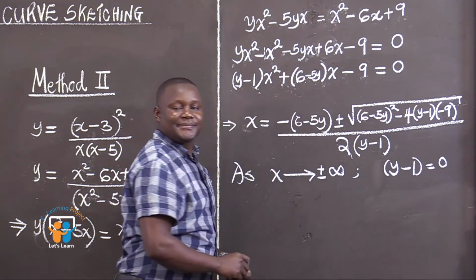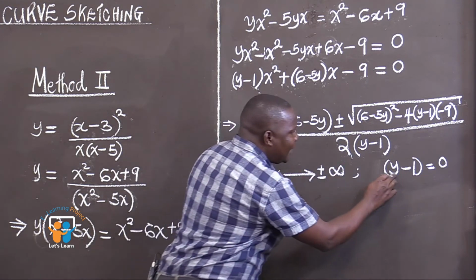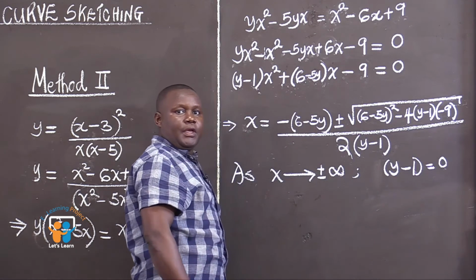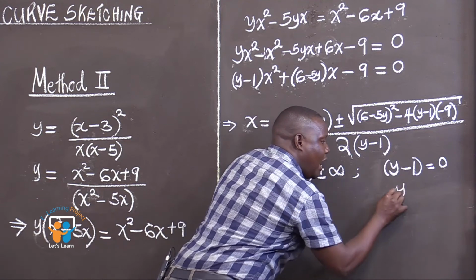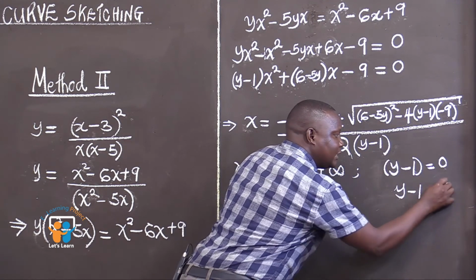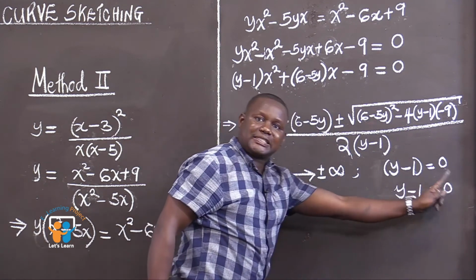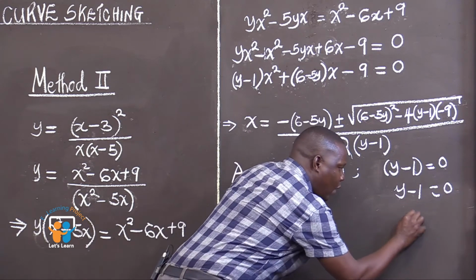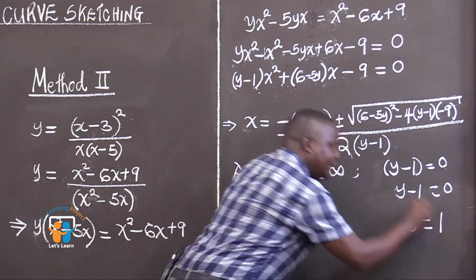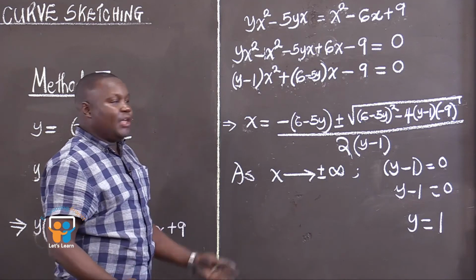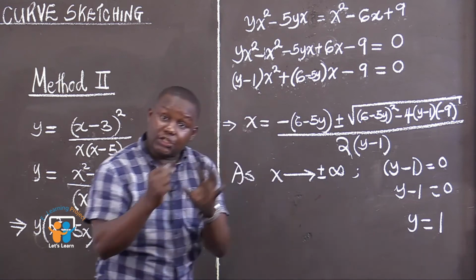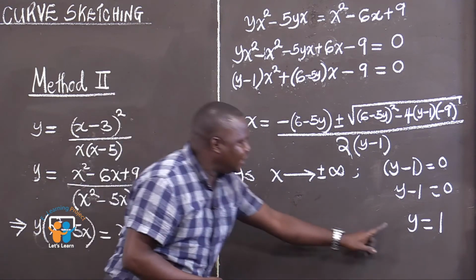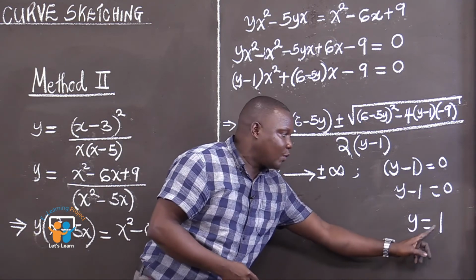So, we have y minus 1 equal to what? Equal to 0. If you wanted, you can have your 2 divided by both sides. Still, it's going to give you y minus 1 equal to 0. When you take this one to the other side, you end up getting your beautiful y equal to what? Equal to 1. Have you seen? In method 1, we obtained y equal to 1, isn't it? In method 2, as we've done, we've obtained y equals 1.